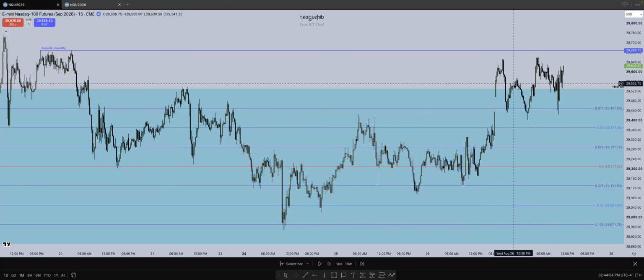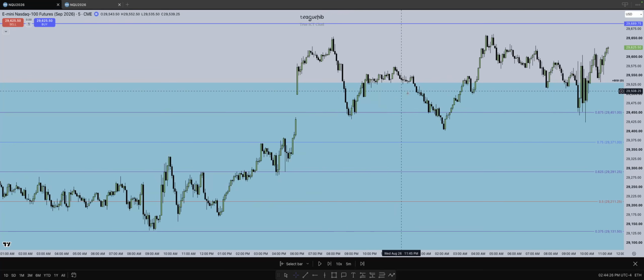Or at the very least, if we do want to work lower, we have to take a measure of buy side out first. And the price action that we had today was sort of indicative of this exact idea, us being in this market maker buy model. Price finding support inside of discount inefficiencies, which we will talk about in just a second.